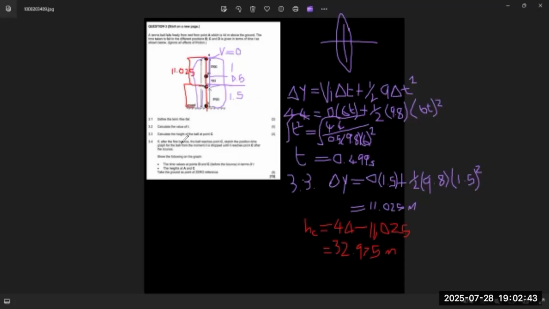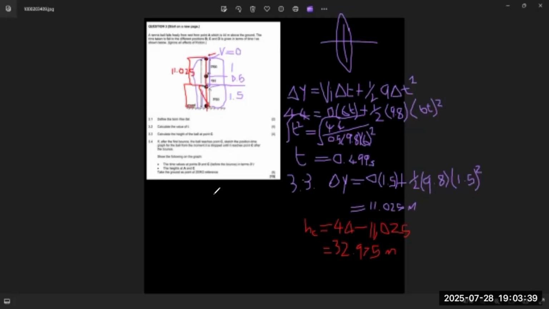Then, if after the first bounce, the ball reaches point C, sketch the position versus time graph for the ball from the moment it is dropped from A to when it reaches point C. Show the time values of D and C before the bounce in terms of T, the heights at points A and C, and take the ground as 0 reference.